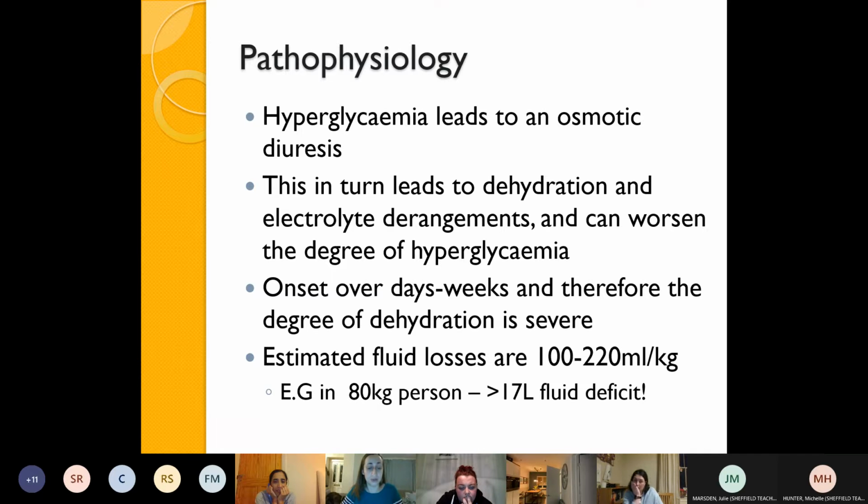When I mentioned before, the fluid losses in DKA are around 100 mils per kilo. So an 80 kilogram person would be in a deficit of 8 litres. These patients can have fluid losses up to 220 mils per kilogram, which would be a 17 litre fluid deficit in an 80 kilogram person, which is obviously horrendous.